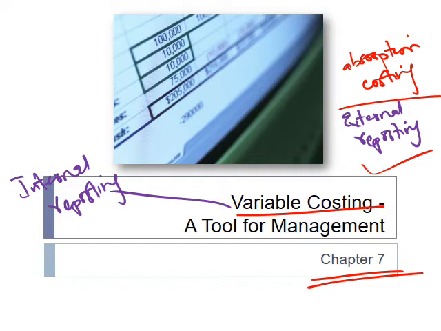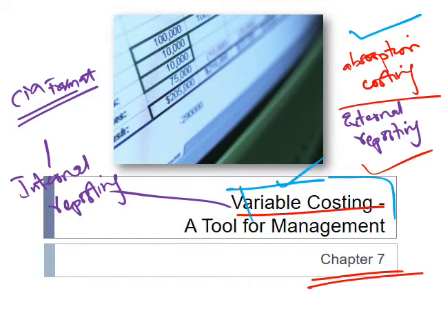Variable costing must be used when an income statement is prepared in contribution margin format. That is very important. Basically, this chapter shows how these two methods differ from each other: the absorption costing method and the variable costing method.